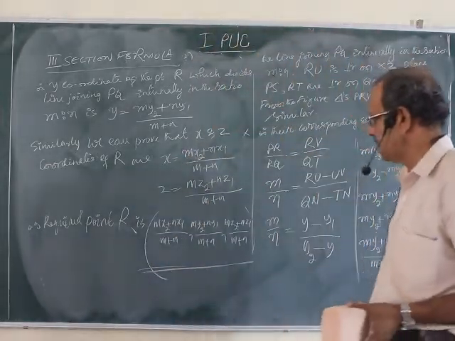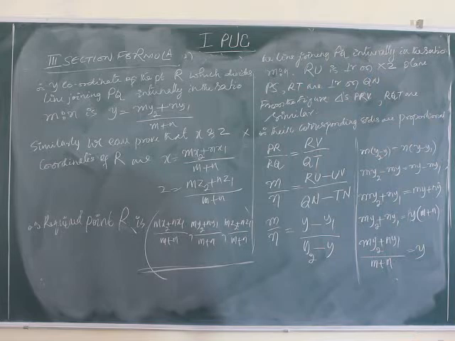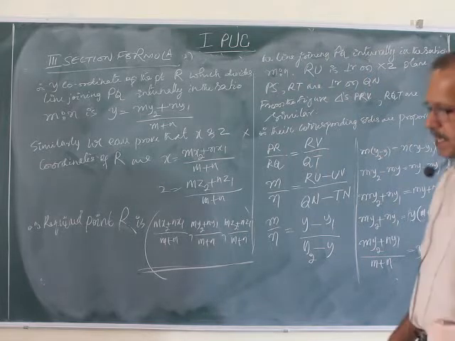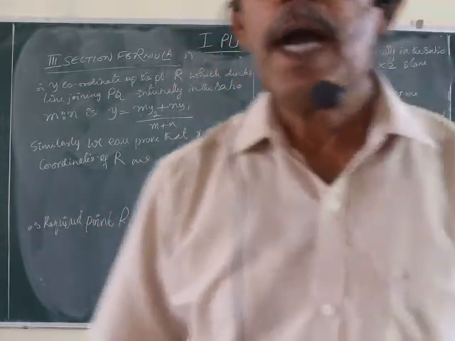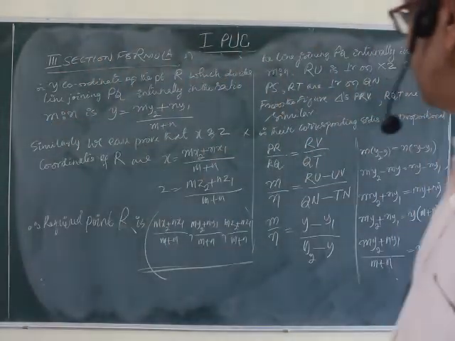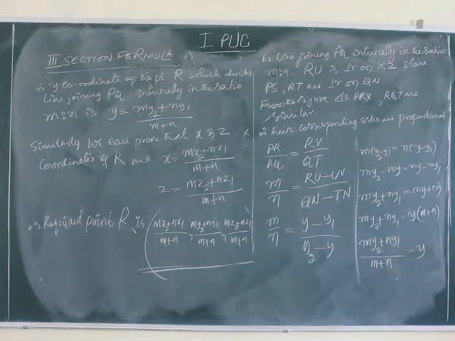Section formula. Knowing the first point P, the second point Q and the ratio, you can find the coordinates of the point.